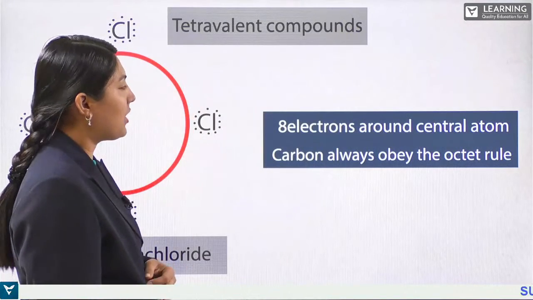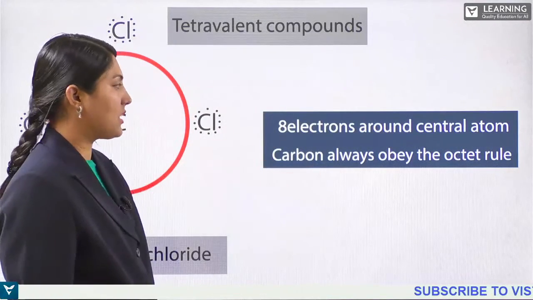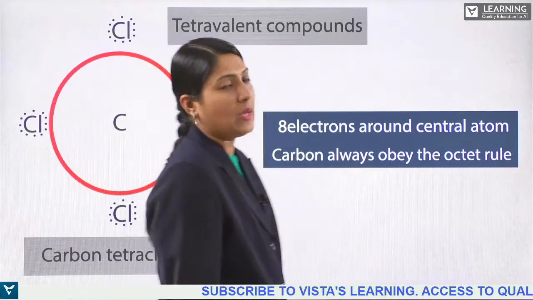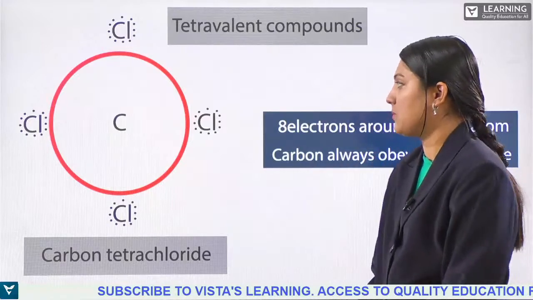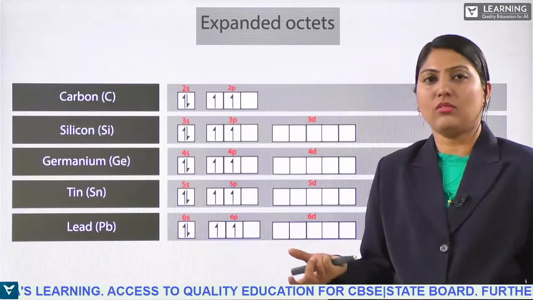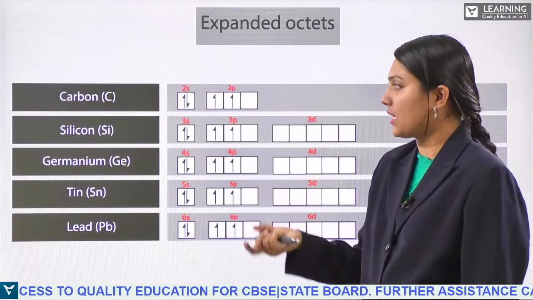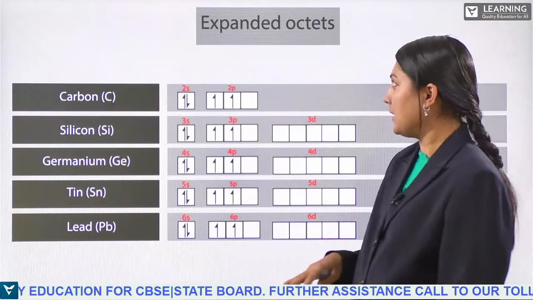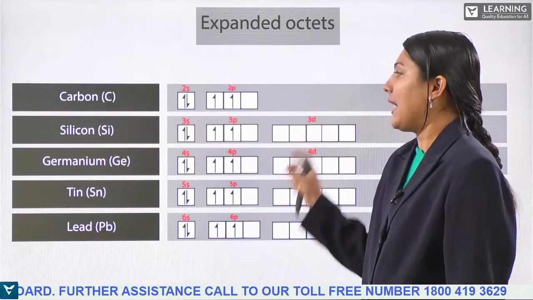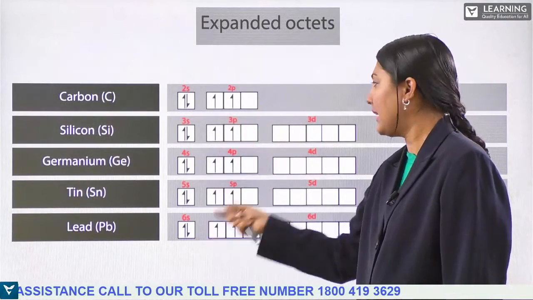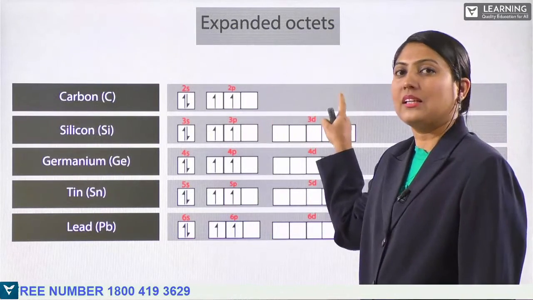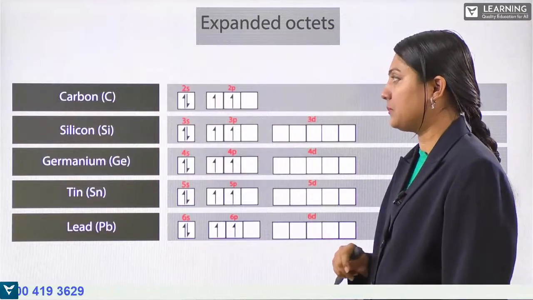As we speak about tetravalent compounds, there are 8 electrons around the central atom, where carbon always obeys the octet rule by combining with other elements, because it has 4 electrons and other elements each share an electron with carbon. Here we have the expanded octet structure. As we know, from silicon to lead the d orbitals are present, whereas d orbital is absent for the carbon atom.